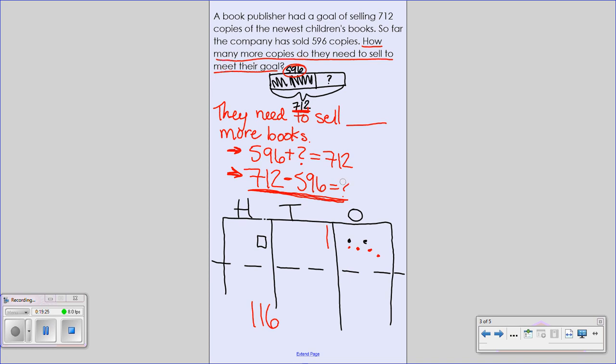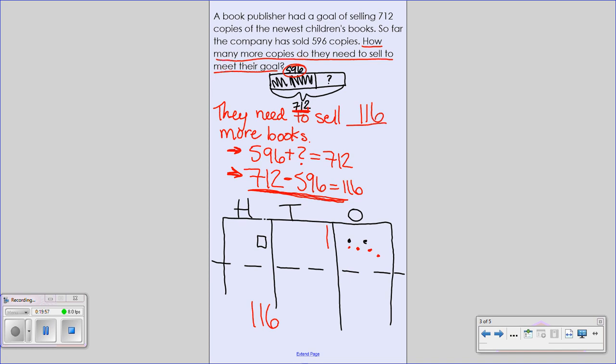So instead of question marks, I can now put 116. Am I all done? No. What do I need to do? Also, I can't just write it in an equation. I need to also do what with that, Ella Harris? In my answer sentence. They need to sell 116 more books.